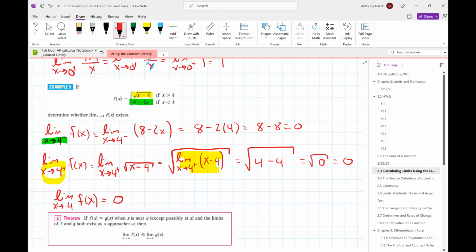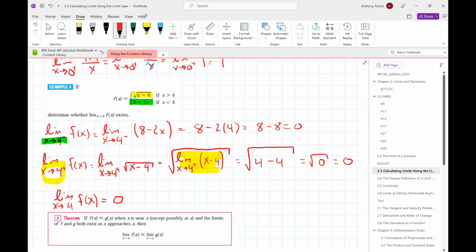Chanel? Wait, so how come before you could substitute it, but now that you put that radical over the limit, you could now substitute it? Because all I did was take the limit of x minus 4. X minus 4 is a polynomial, that I can do direct substitution on. And then I take my answer and square root it afterwards.